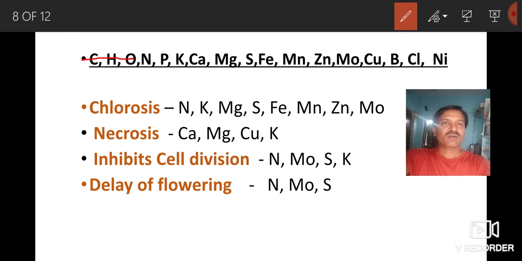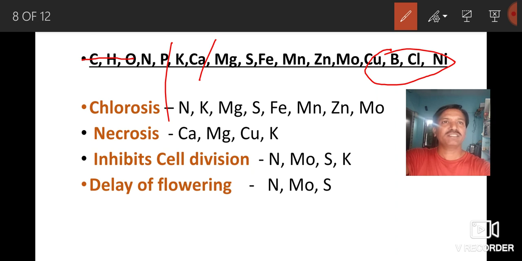Among these, chlorosis occurs in the deficiency of nitrogen, potassium, magnesium, and so on, but not phosphorus and not calcium, up to molybdenum. In the absence of these elements, chlorosis appears.